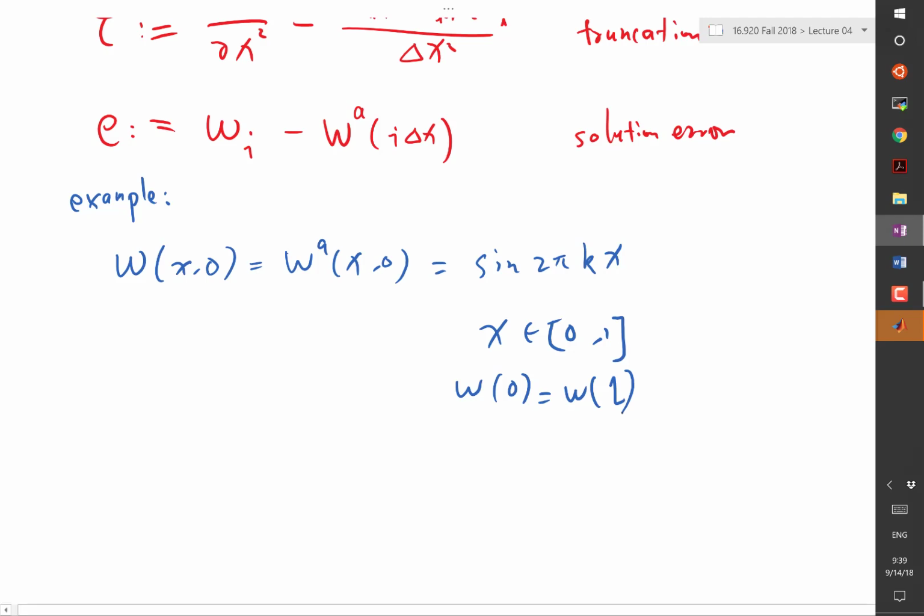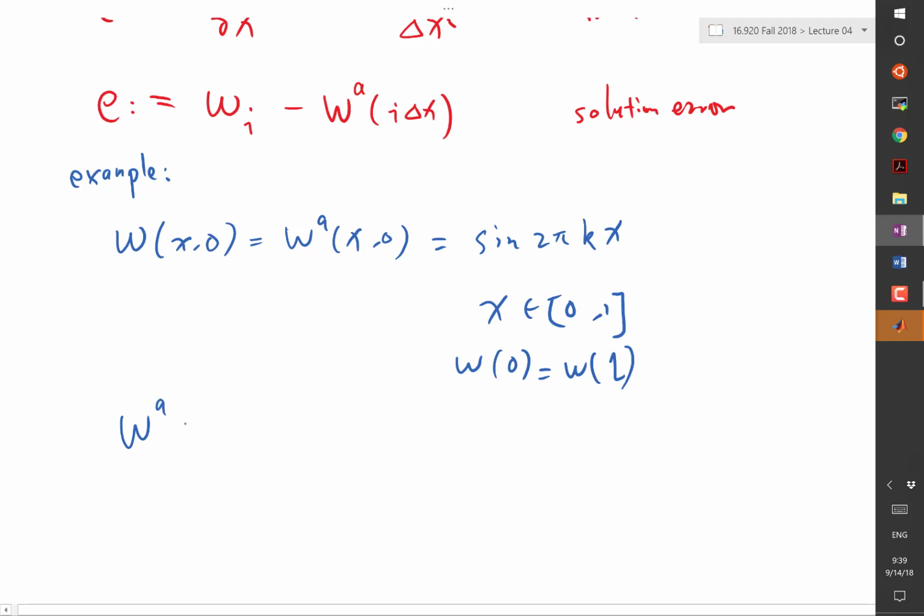Analytically, we already know what the solution is going to be like. The solution W analytical x and t, we did this already twice. If we plug the analytical solution into the differential equation, when we take the second order derivative, it's still a sine function, but it's a minus constant times a sine function. So the shape of the function stays the same, but its magnitude decays exponentially.